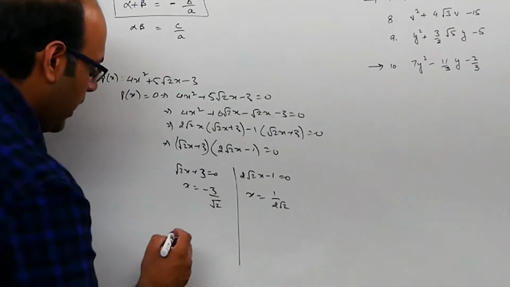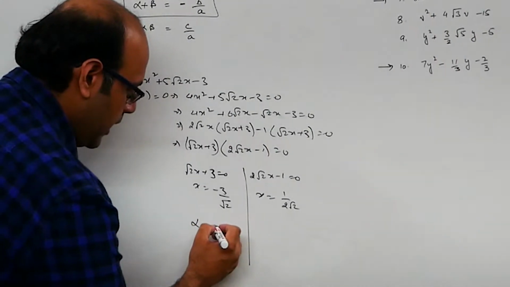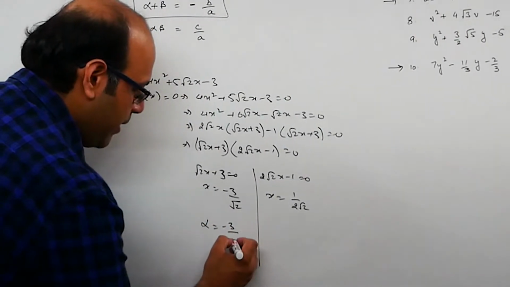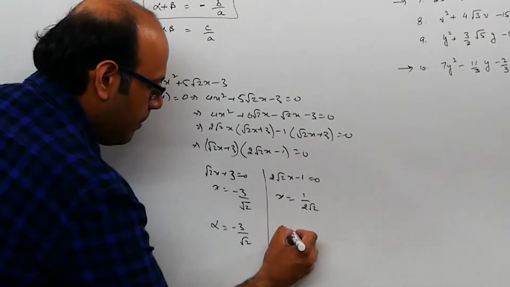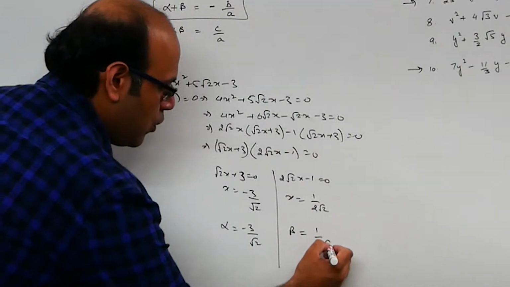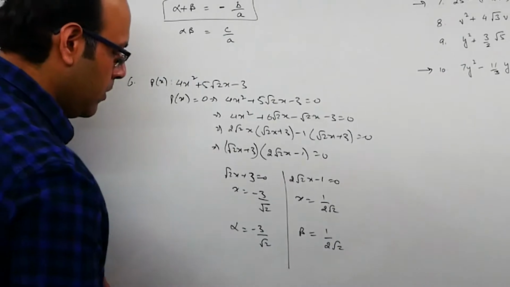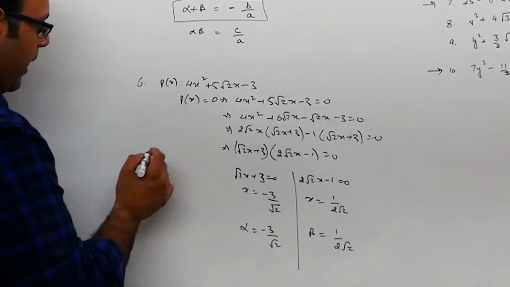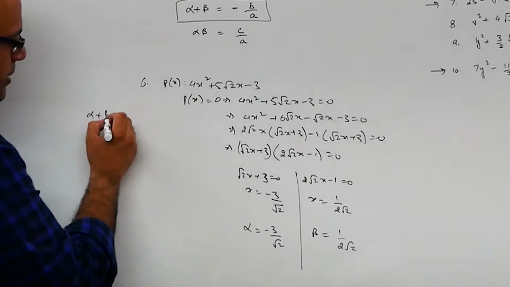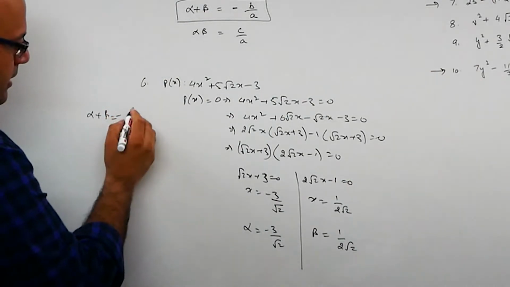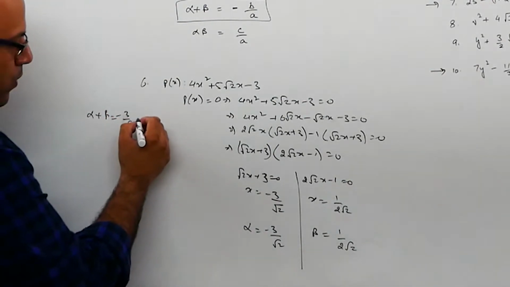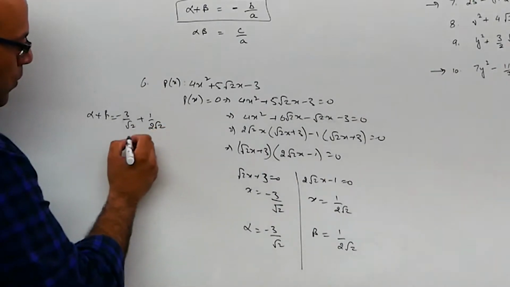Now, I can take the first zero, minus 3 by root 2, as alpha, and beta as 1 upon 2 root 2. Alright, so if I calculate alpha plus beta, minus 3 upon root 2 plus 1 upon 2 root 2, I can take the LCM.